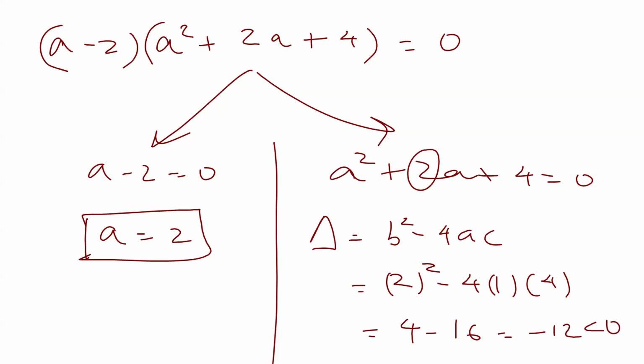Delta less than 0, so the roots are complex. So we are not getting real roots in this. Therefore, the answer of a is only 2, because the other two roots are complex.